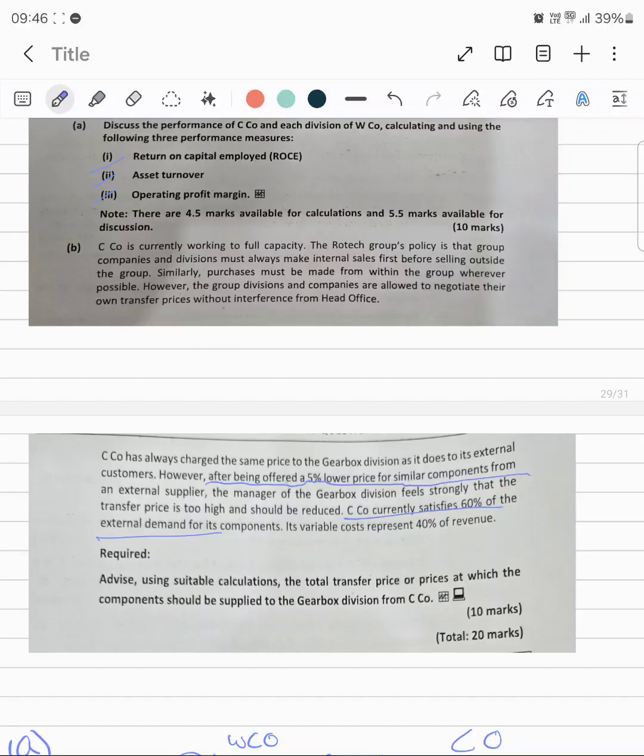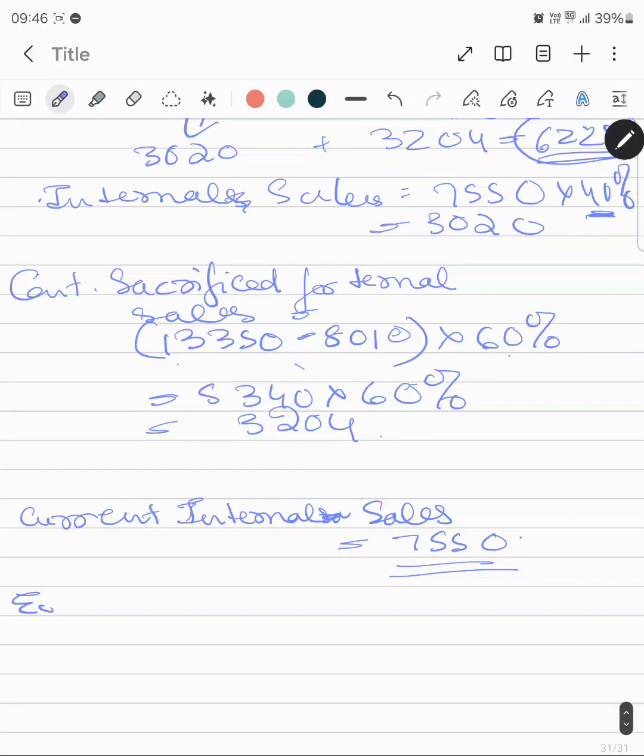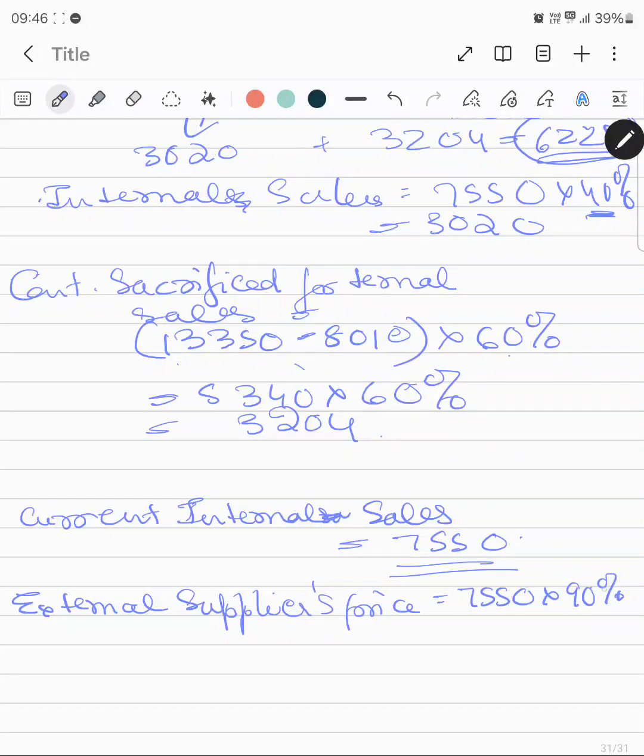So a lower price of 5% means that the external supplier's price would be 95% of 7550, and this is in millions. Actually these figures are converted into millions, so it's 7172.5, right?